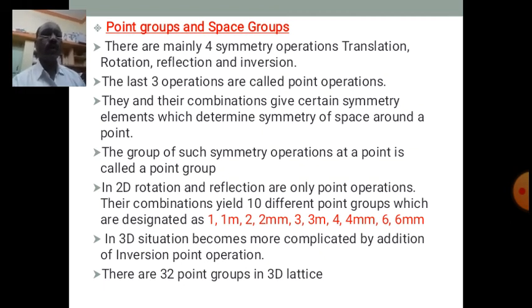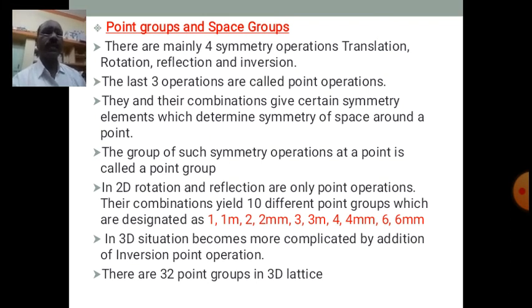Similarly, 2mm. 2 means simple two-fold rotation. 2mm means two-fold rotation with reflection. First m represents a line which is parallel to the axis and second m represents a line or plane which is perpendicular to the axis, which divides the lattice into two identical parts which are mirror images of each other.